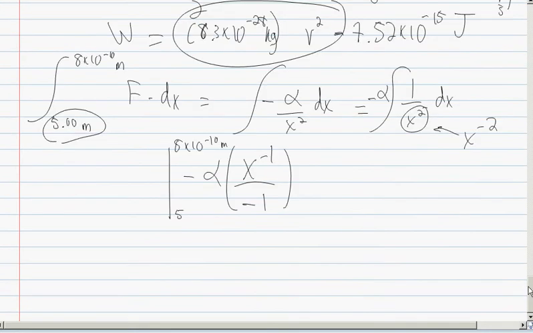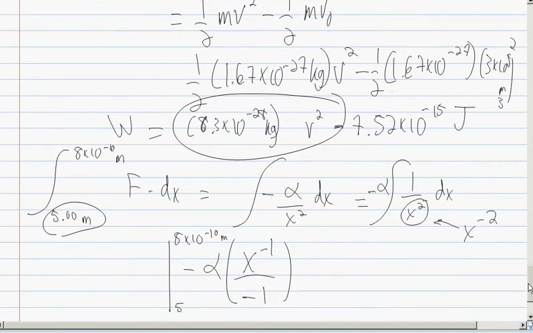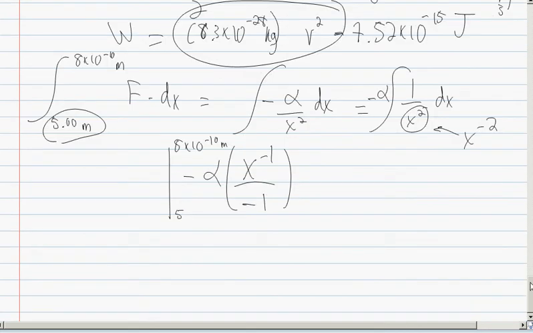Alright. Well, let's see if we like that. Yeah, I guess it's alright. So we're going to have basically alpha over x evaluated from 5 to 8 times 10 to the negative 10th.